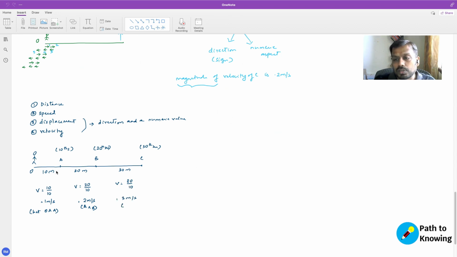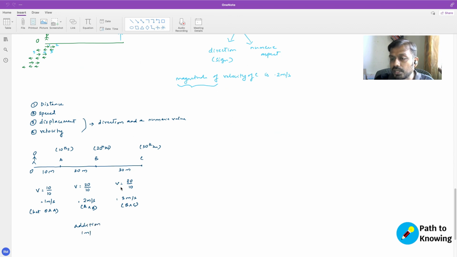Now if you really see this particular person, his velocity is changing. That is, he's moving faster. His rate of change of position is increasing as he moves away from O. And you also notice that the rate at which he is acquiring that additional velocity is constant, which means that between OA and AB he has acquired an additional 1 meter per second.